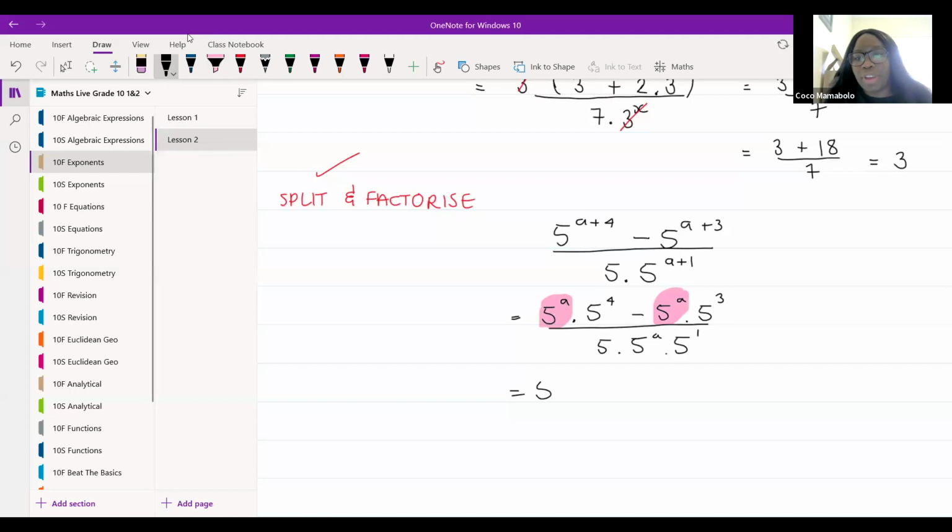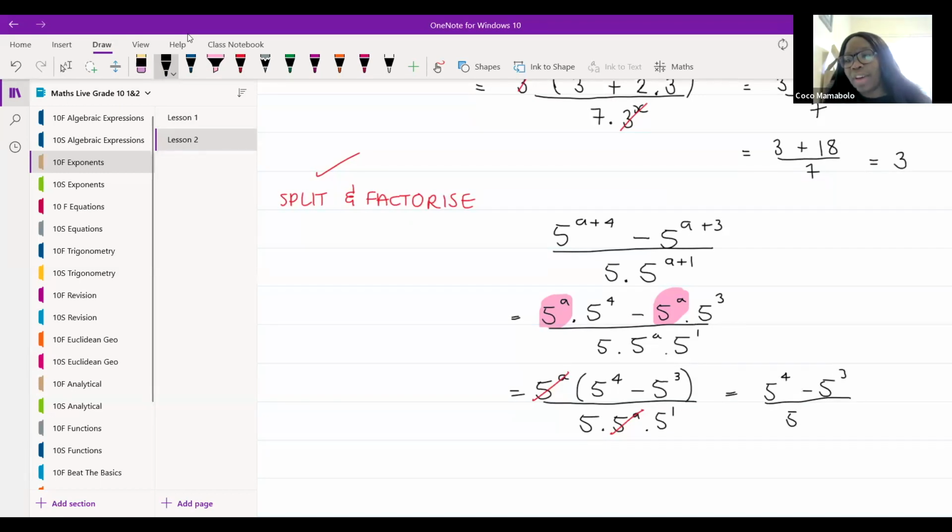So if I take that out, I'm going to have 5 to the power of 4 minus 5 to the power of 3 over 5 times 5 to the power of a times 5 to the power of 1. Now, I can see something on the top and on the bottom that is common. I see 5 to the power of a and 5 to the power of a. Right. Now, what I have left is 5 to the power of 4 minus 5 to the power of 3 over 5 times 5 to the power of 1.